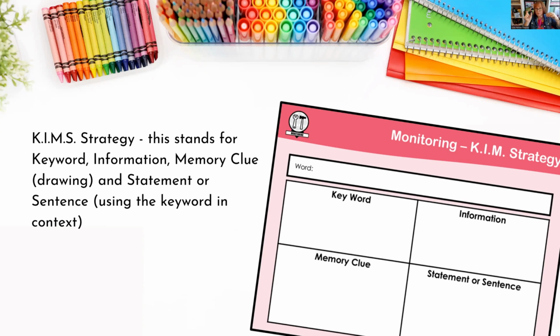When I'm teaching music terms, I'll always give them a listening example, or show them an example by playing an instrument and showing them what that might sound like. Then the memory clue, if you're doing ternary, could be Twinkle, Twinkle, Little Star, because that's in a very small ternary form. And then the statement or sentence could be, I will remember the musical form of ternary because blah, blah, blah.